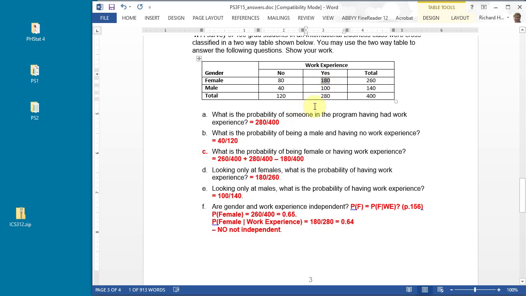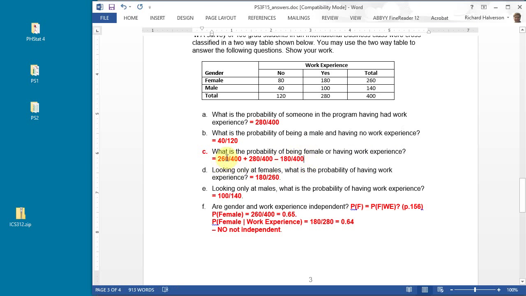So that 180 was added in twice, and we're just going to subtract one of them back out. So we subtract 180 over 400. Figure out what that is, add and subtract, and you get the probability you're looking for.